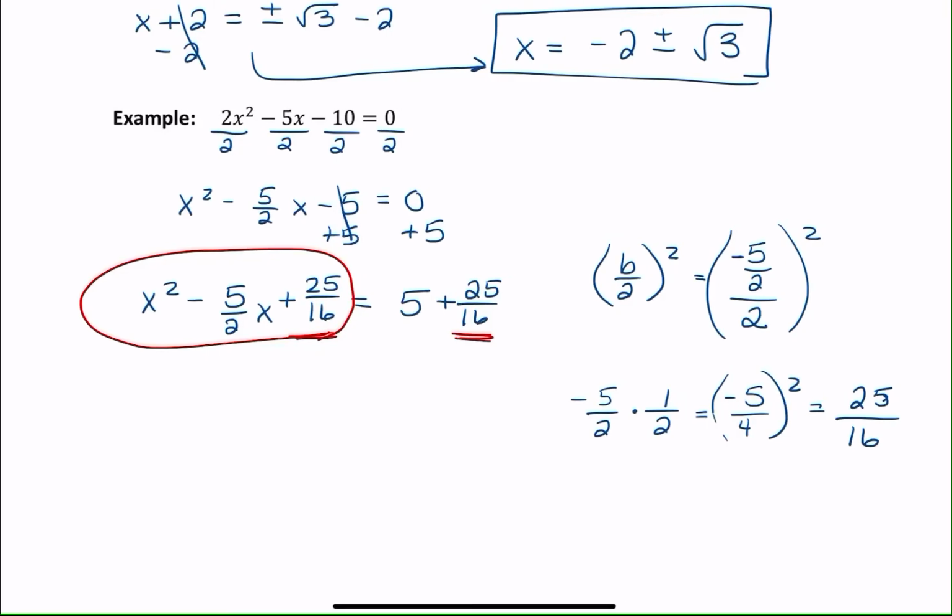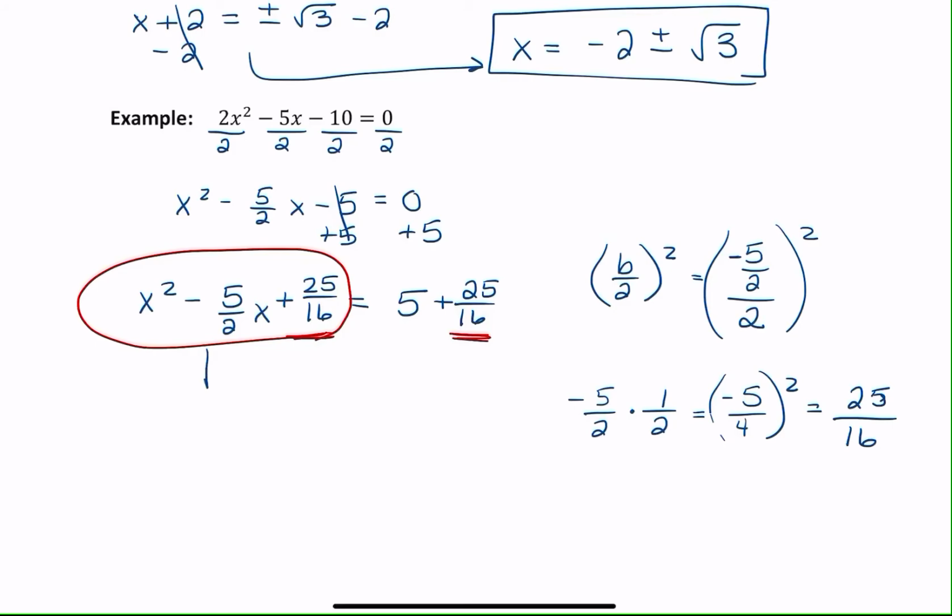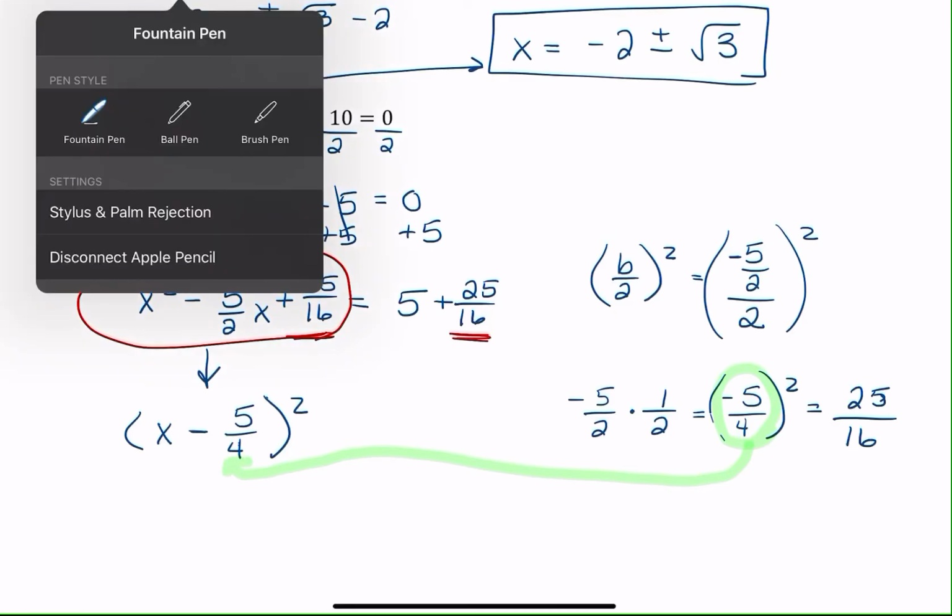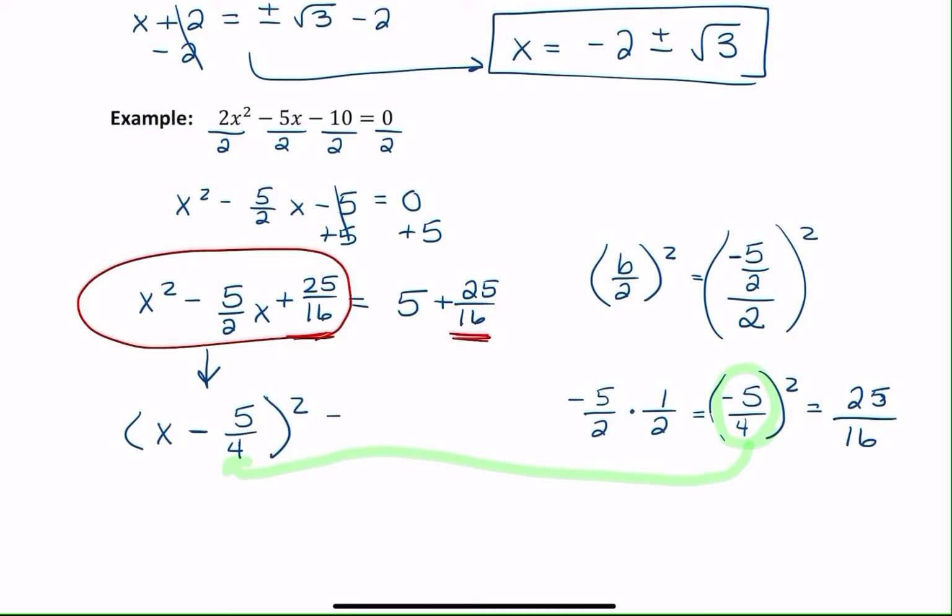That looks kind of ugly, but it has made a perfect square, which factors into x minus half of b, which was 5 over 4, squared. That's always going to be our linear factor. And that equals 5 plus 25 over 16.